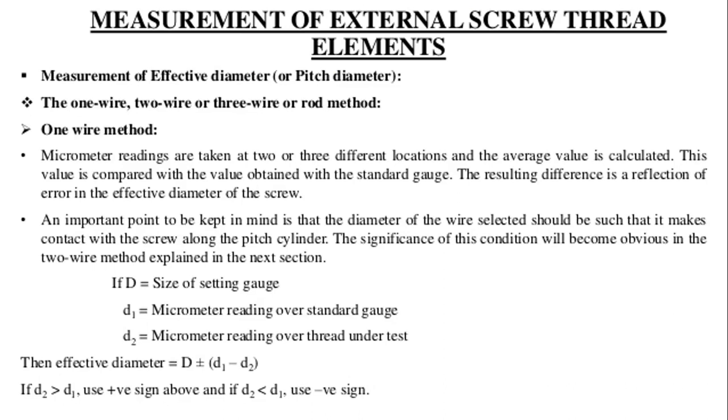An important point to be kept in mind is that the diameter of the wire selected should be such that it makes contact with the screw along the pitch cylinder. So we have to take the condition as a fixed cylinder.